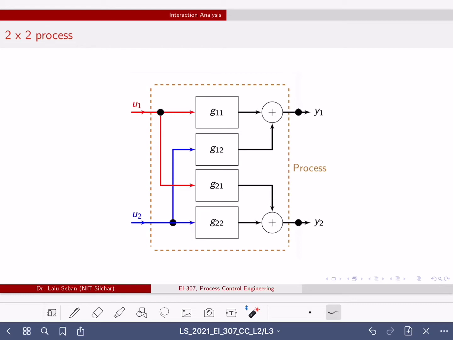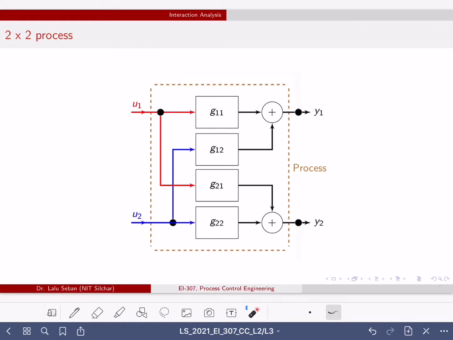Here we can see that y1 is a function of both u1 and u2. Similarly, y2 is also a function of u1 and u2.